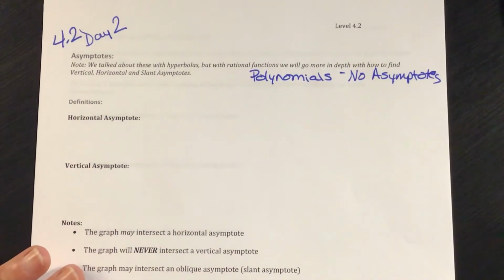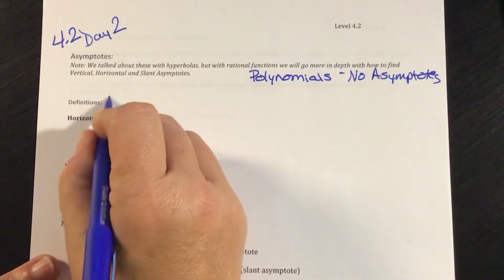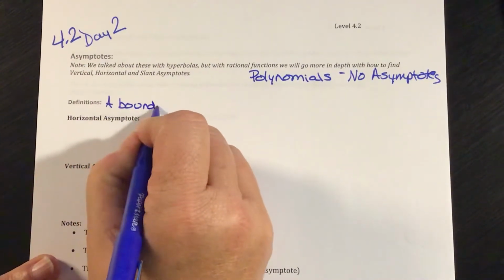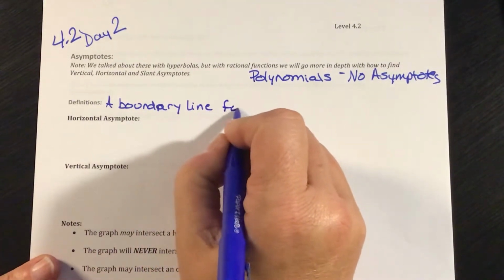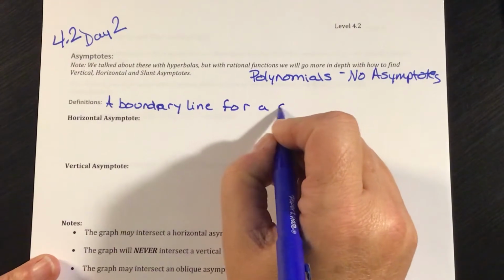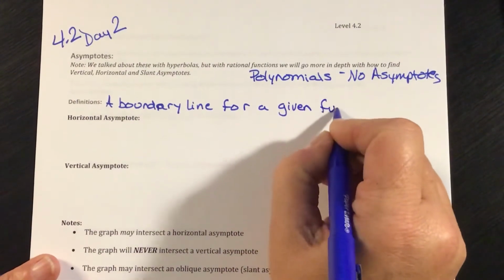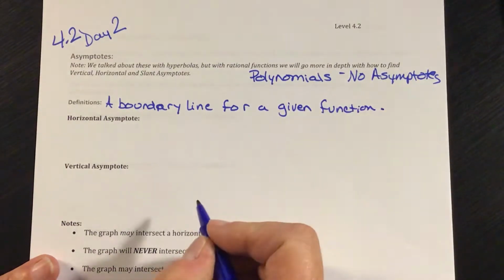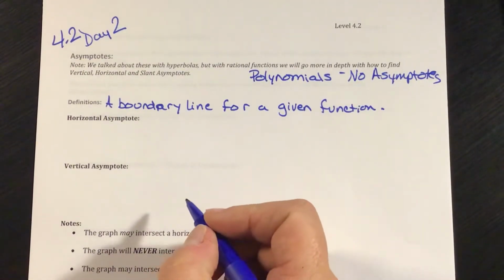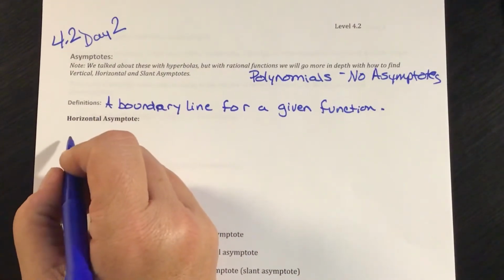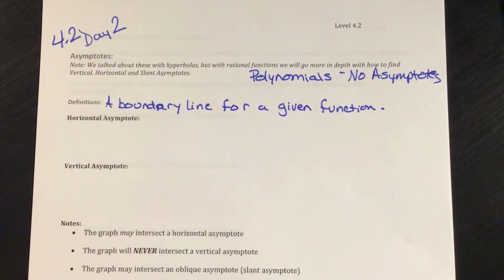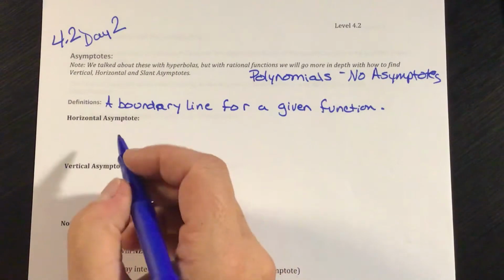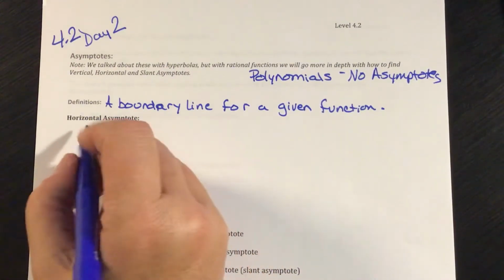But in general, a definition of an asymptote is a boundary line for a given function. All right, so a horizontal asymptote is going to be a horizontal line, and it's going to tell us what's happening as x is getting closer and closer to infinity or negative infinity.